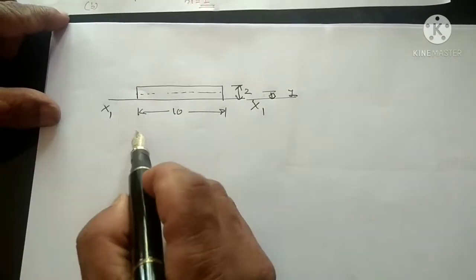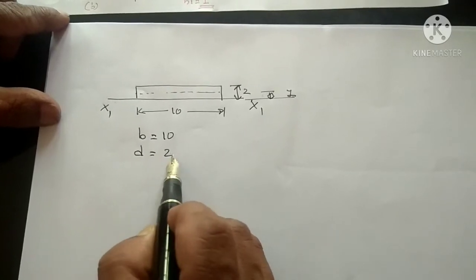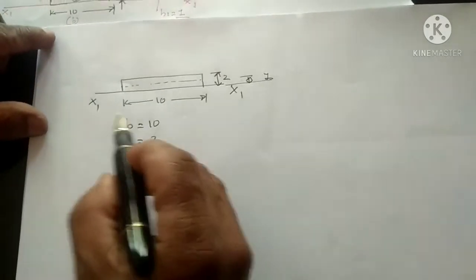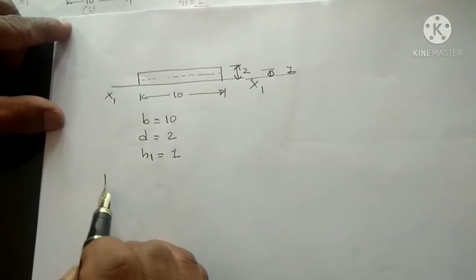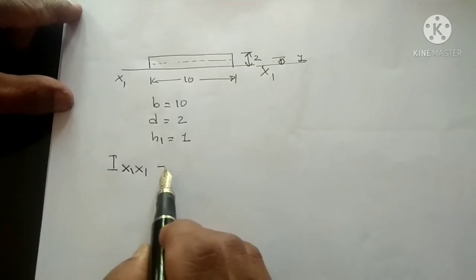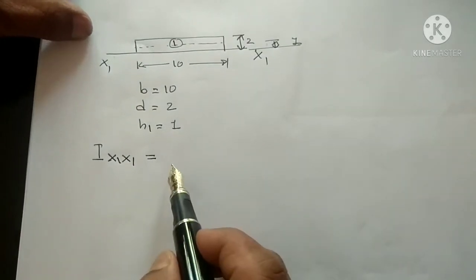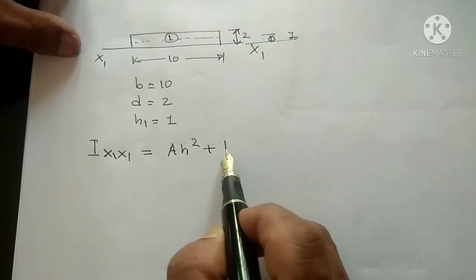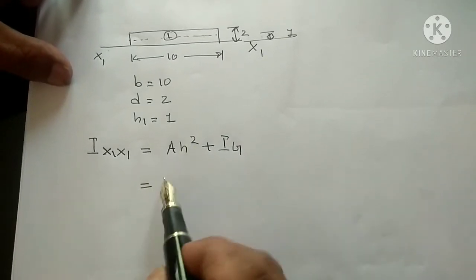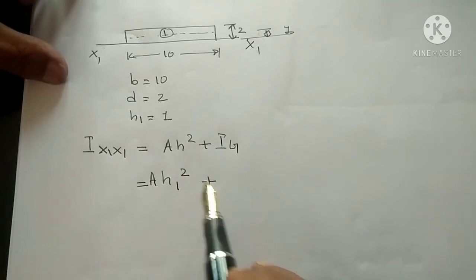So we can say that B is equal to 10, D is equal to 2 and H1 is equal to 1. Then as per the parallel axis theorem, I x1 for the first component is equal to A H1 square plus IG.